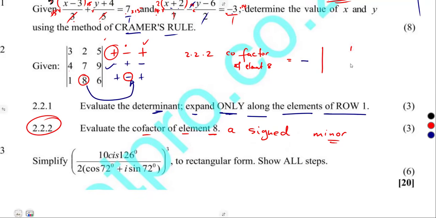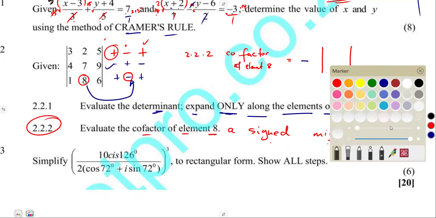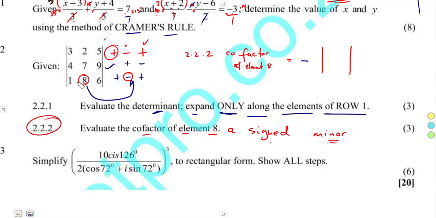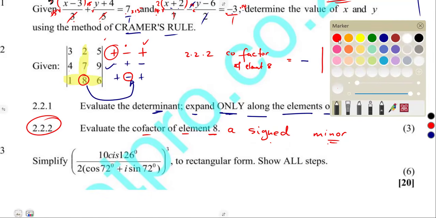Then you find the minor, assigned minor. What is the minor of element 8? Remember the minor, you close the row and the column where that element 8 is, and find the determinant of what is remaining, the 2 by 2.